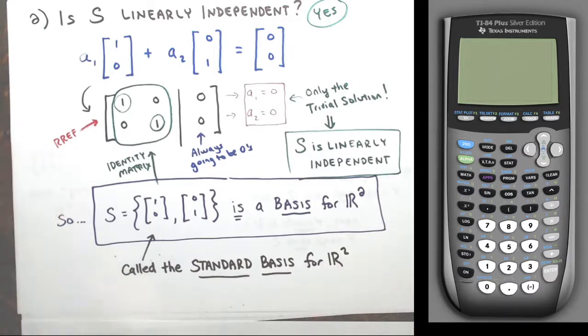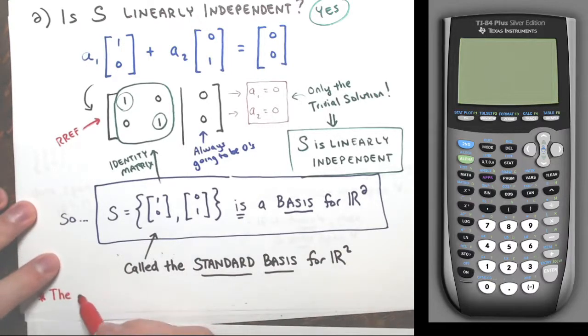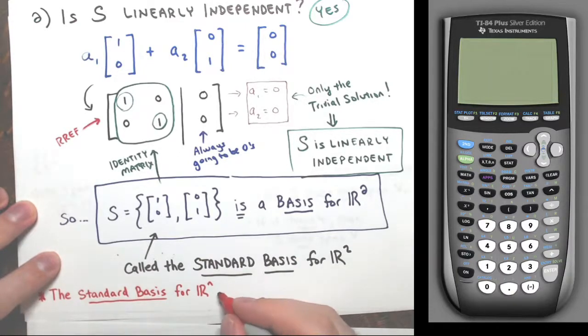All right, and what you're going to notice is for R3, R4, R5, whatever, the standard basis for Rn will be made up of the columns of the n by n identity matrix.